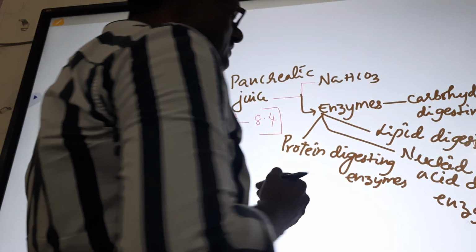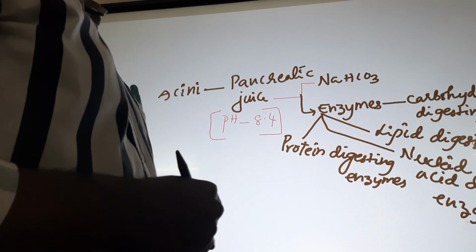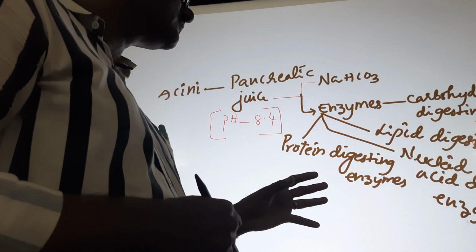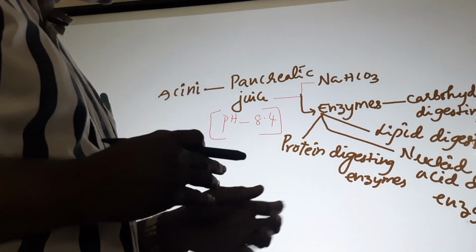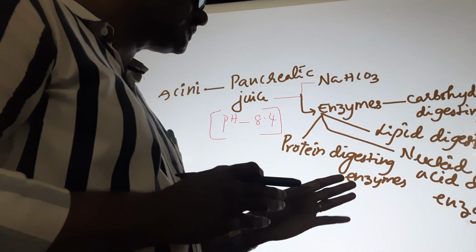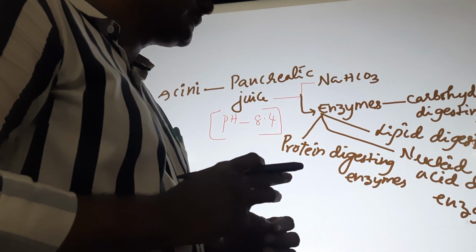So here, in this way, pancreas is associated with the digestion of carbohydrates, proteins, lipids, nucleic acids, etc.